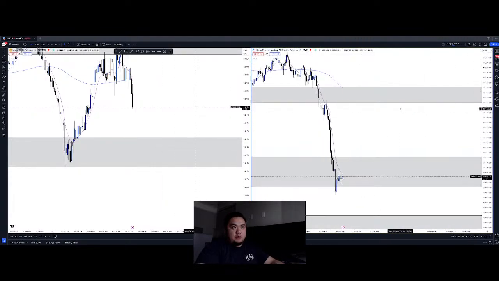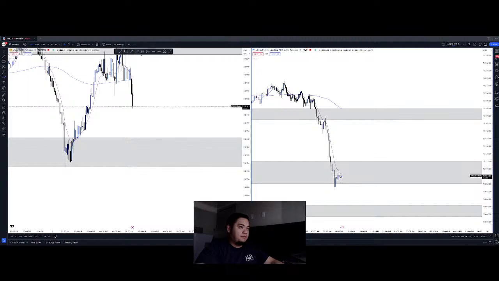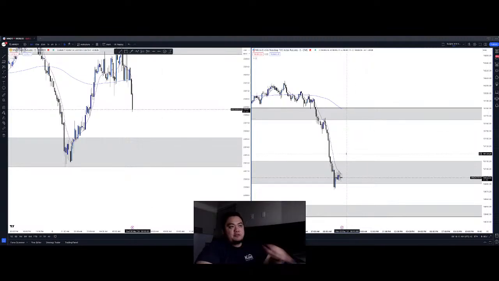So I would look for two scenarios depending on how the open happens. I might take a long if we have the breaker structure, right? Something like that to go long. If I miss out or the move is just so sudden, then I would look for shorts.